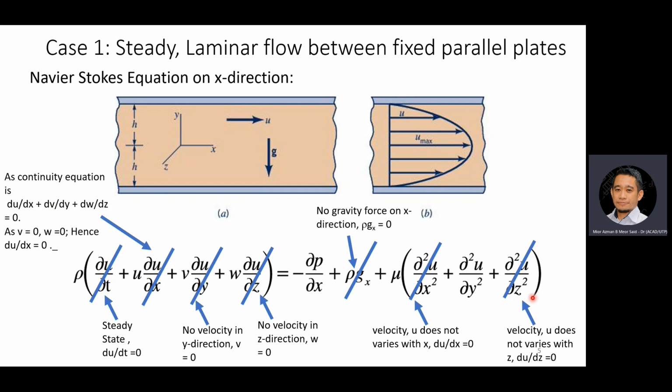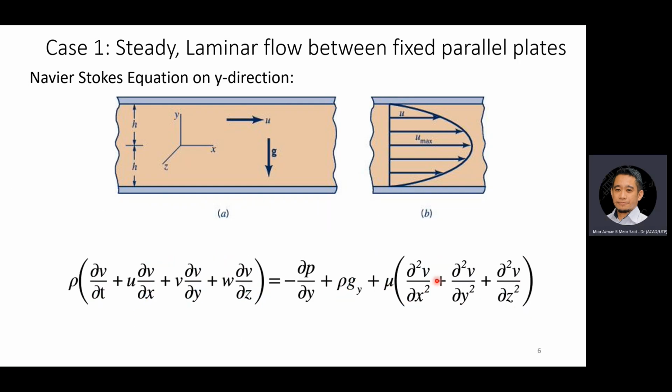In terms of the z direction, u does not vary with z either, and z is the direction coming out of the slide. So we are left with these two terms: negative partial p over partial x plus partial squared u over partial y squared equals 0. So it's easy for us.